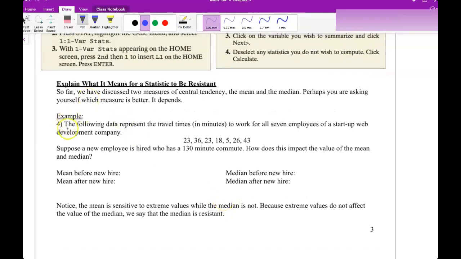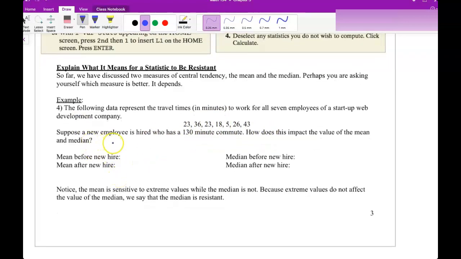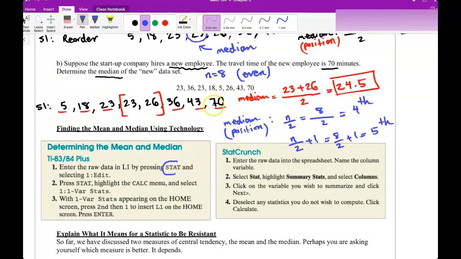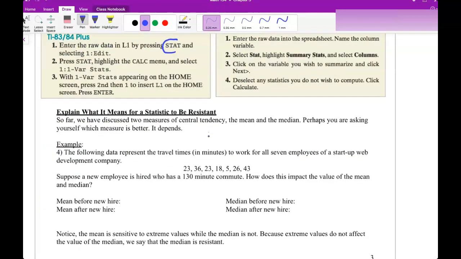Okay, so here is example number 4 that I said has the same data set. Suppose that a new employee is hired who has a 130-minute commute. On this part, we added this new employee with 70 minutes, but here on this part, we have 130, instead of the 70 that we had on part B from example number 3.